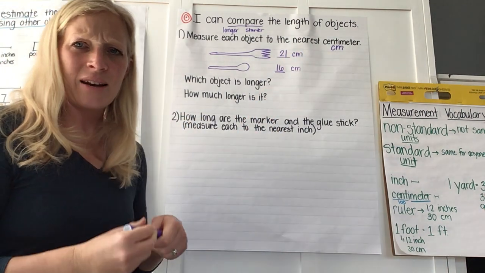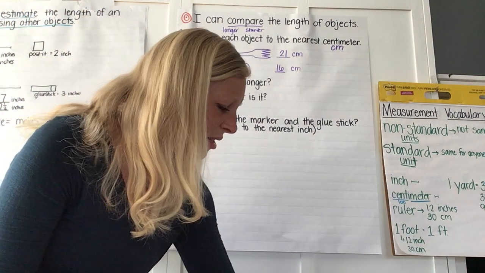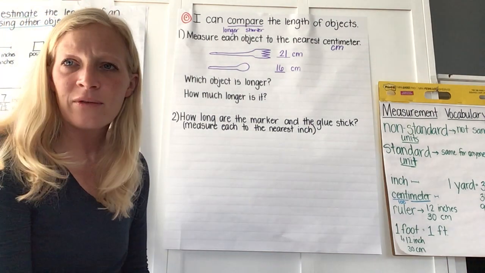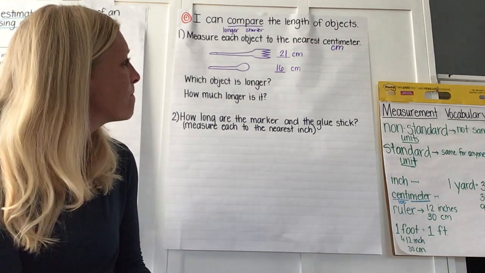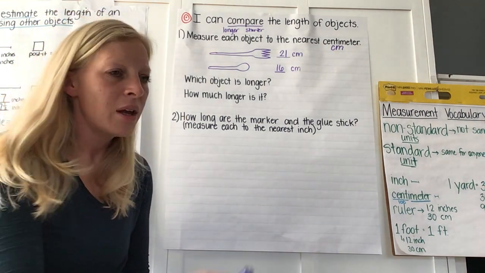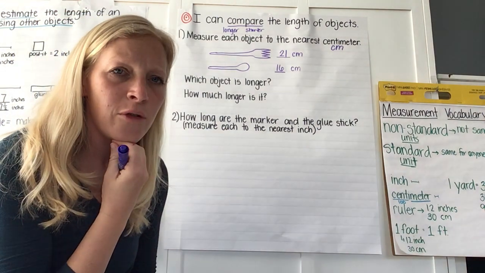Now let's take a minute. I've got 2 questions for us to think about. Which one is longer? Put your thumbs in front of your tummies when you think that you know. Which one is longer? What do you think? Well, why do you think the fork is longer?